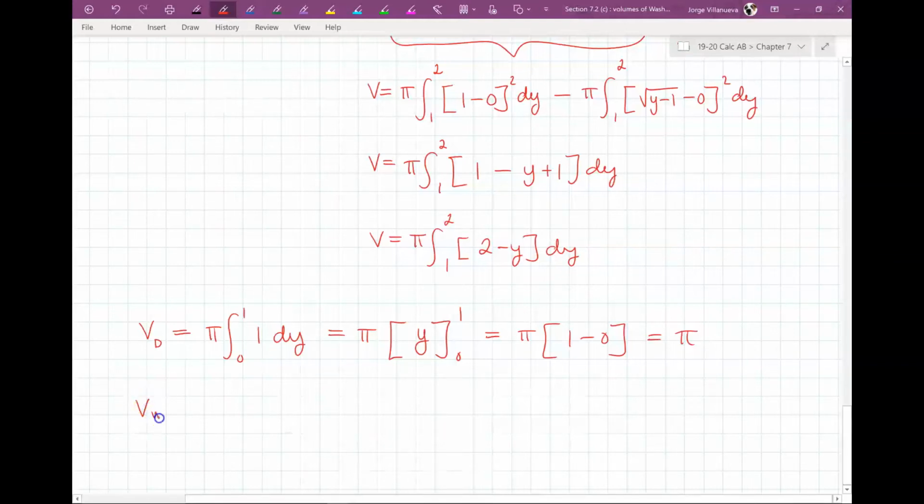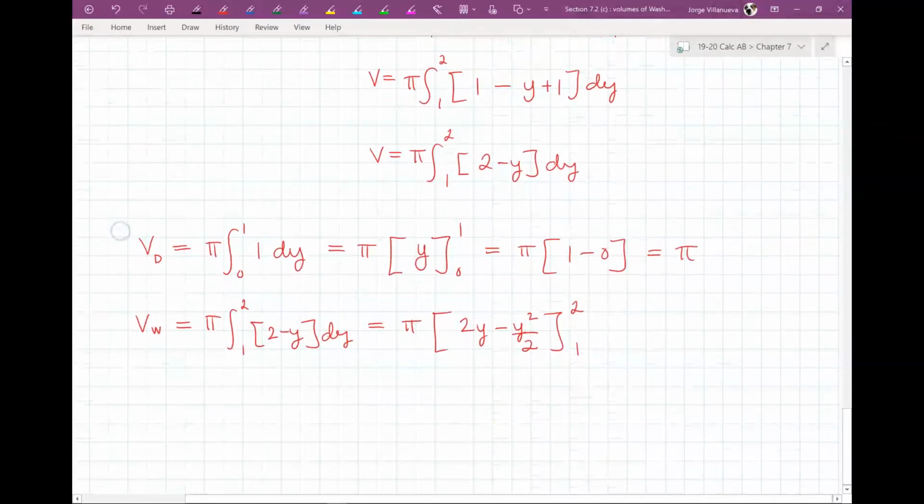Now let's do the volume of the washer. So pi integral from 1 to 2 of 2 minus y dy. So that's pi times 2y minus y squared over 2 from 1 to 2. It's going to kind of work vertically from here. So this is 4 minus 4 over 2 minus 2 minus 1 over 2.